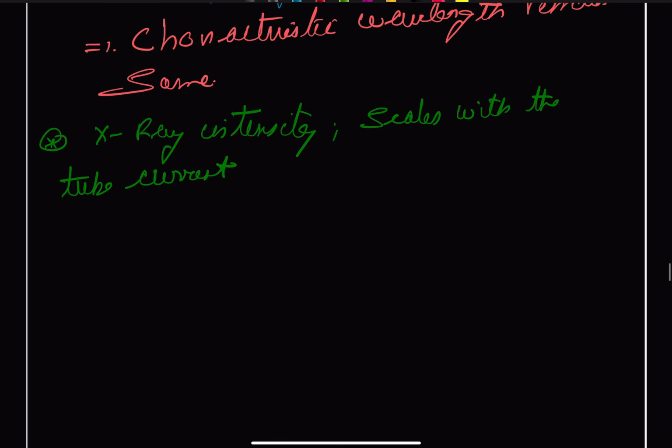In this case, the value of current was initially I, and finally the current is halved. From here we can also write that it halves the number of electrons per unit time.